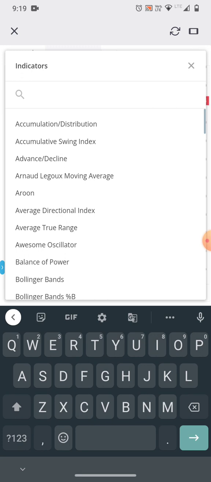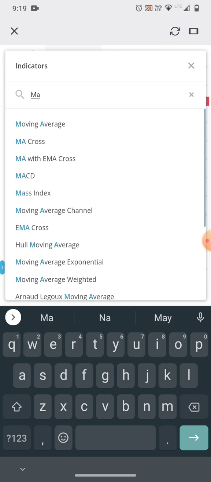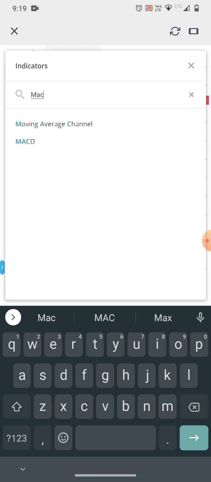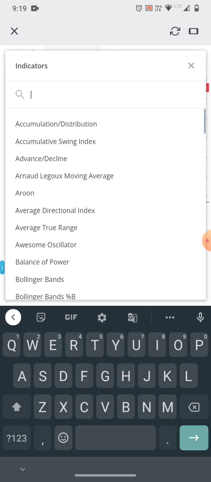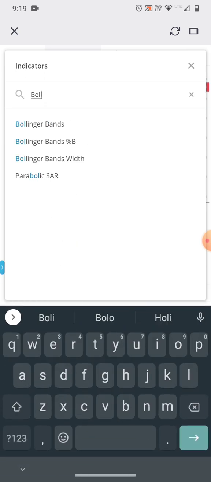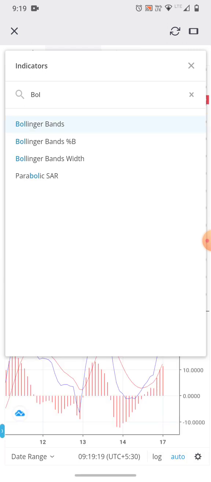One is very famous, you must have already heard about it, MACD, and the other one is Bollinger Bands.